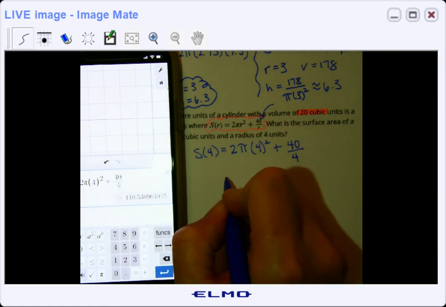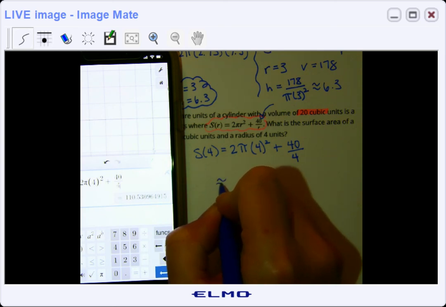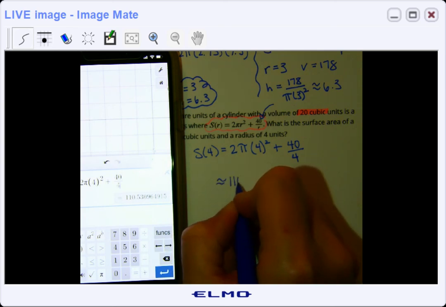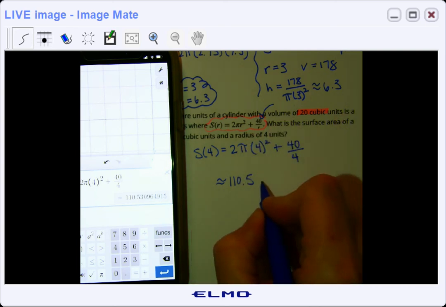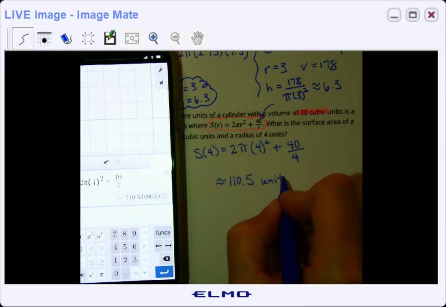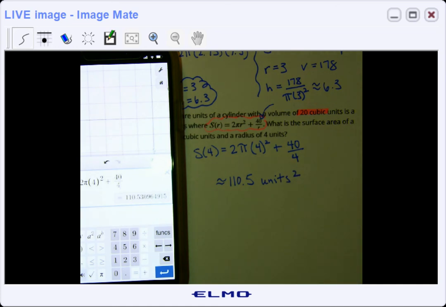So the surface area is about 110.5. It doesn't tell us the units, but they would be squared. All right, that is the end of your assignment.